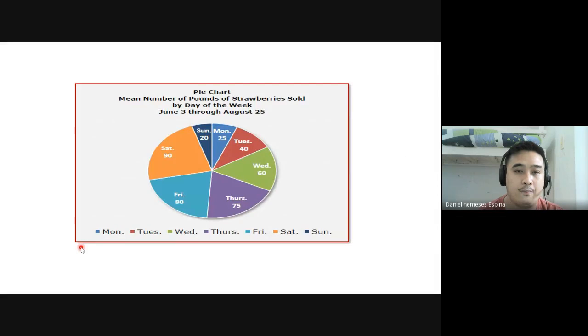Okay, so usually we cannot present the mean, average, and the maximum if magamit ta og pie chart. So usually ang ginagamit sa pie chart are only the mean, or the average sales per day during the 12 weeks.